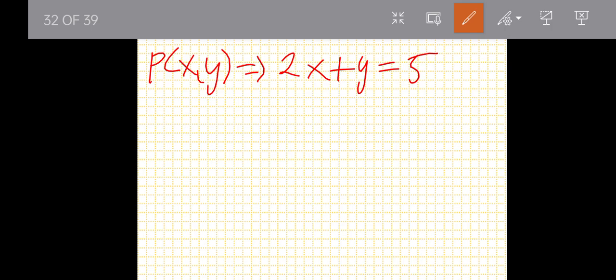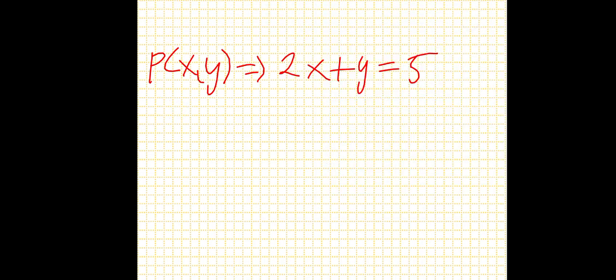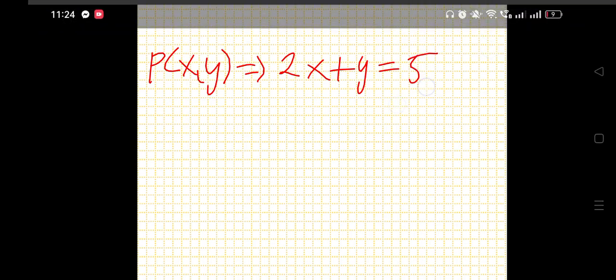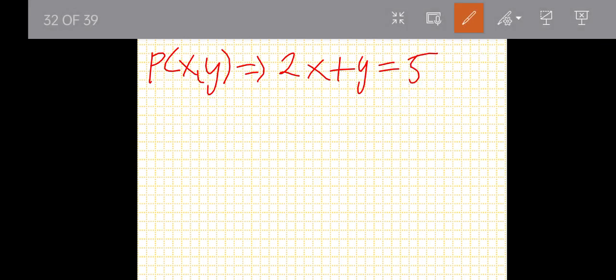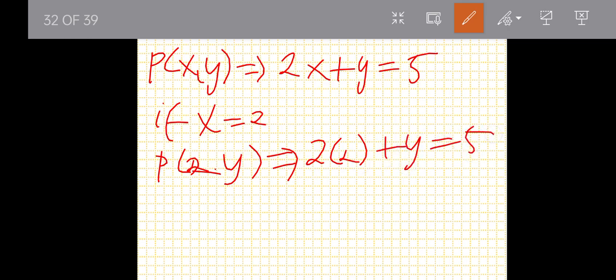So, if x natin is equal to 2. So, p 2 y natin, okay, 2 times 2 plus y is equal to 5, and that is 4 plus y is equal to 5.